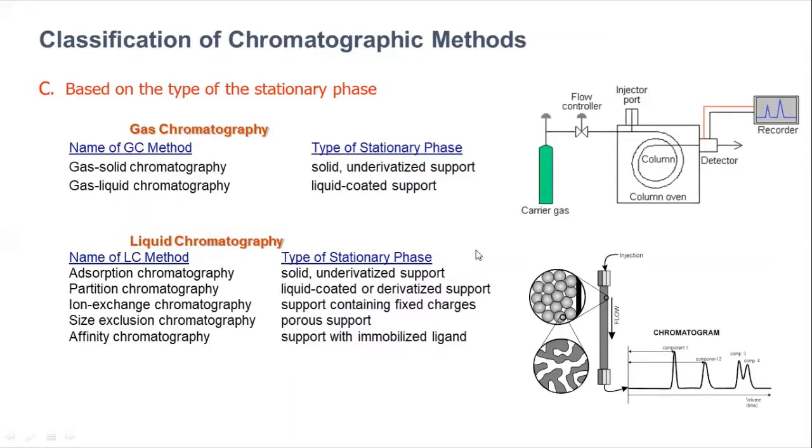So here are the block diagrams of gas chromatography and liquid chromatography. For gas chromatography, the carrier gas is the mobile phase. Here is the column inside the column oven, and here in the injector port is where you inject your sample.